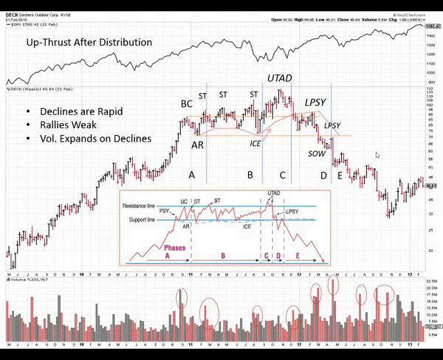A point I would make about these peaks, the buying climax, secondary test, 3 secondary tests, and then the upthrust, is that I go back to the point that we were making about the Dow Industrials, is notice how much time is spent at the top where you drew your trend line, or my horizontal line, either one. Notice how much time is spent at the top of the range.